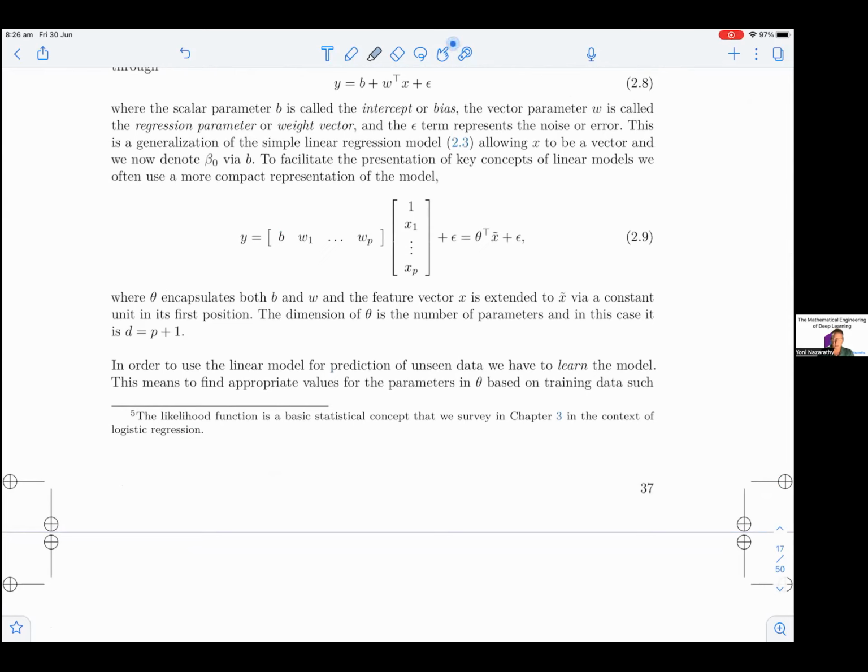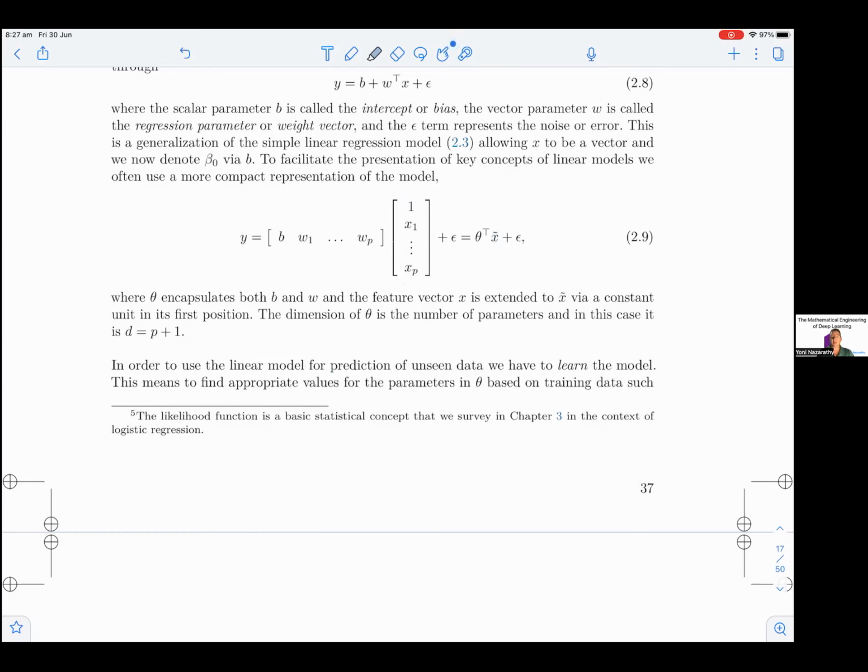So we write y equals the row vector b, w1 up to wp, multiplied by the column vector 1, x1 up to xp, plus epsilon, and that can be represented as the inner product of the parameter theta and x tilde, plus epsilon, where theta encapsulates both b and w, and the feature vector x is extended to x tilde via a constant unit in its first position.